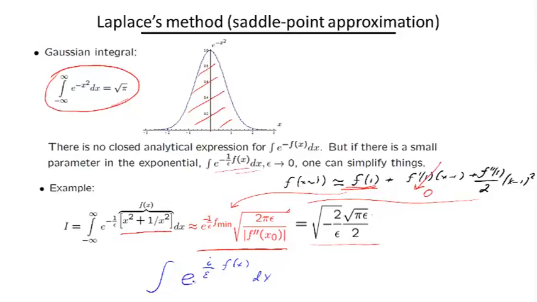The reason is that e to the power i f of x can be written as a bunch of cosines and sines, and if epsilon becomes very small, they become strongly oscillating functions, which on average give us 0, because the positive part of the cosine and the negative part of the cosine balance each other out. There is a similar argument that lets you write this integral in a very similar form and focus only on the minimum of this function.